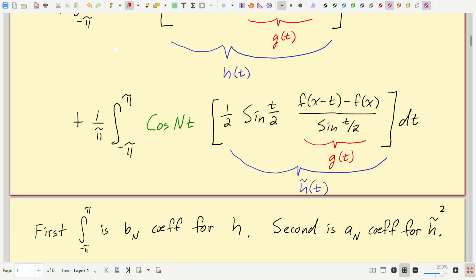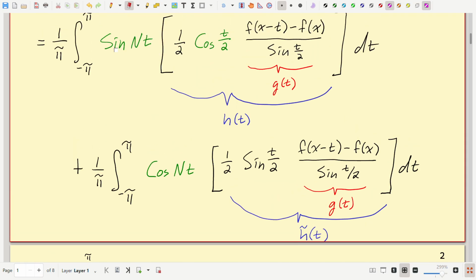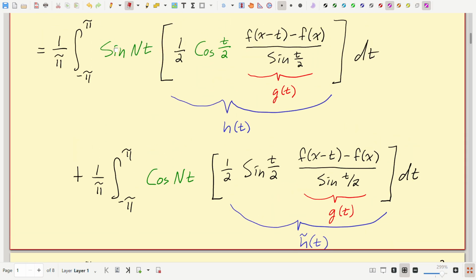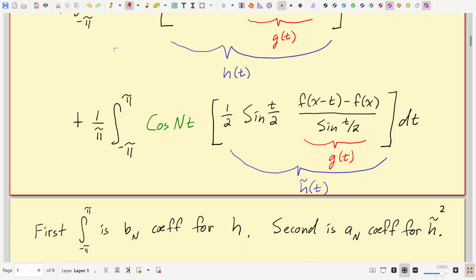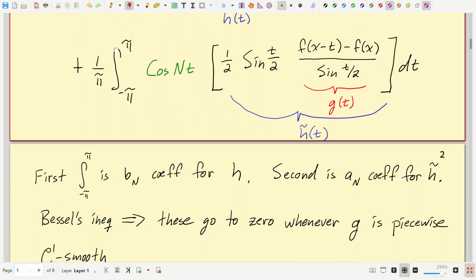And so the fact was, when f is C1 smooth, then L'Hopital's rule allowed me to see that g is continuous and 2 pi periodic. And that means Bessel's inequality implies that those tend to go to 0.